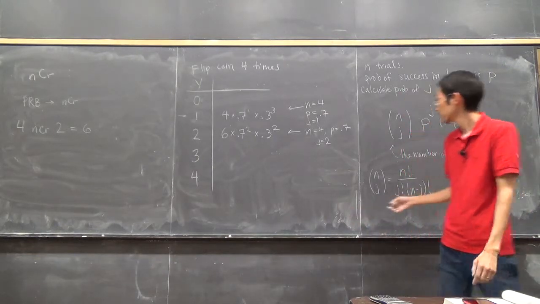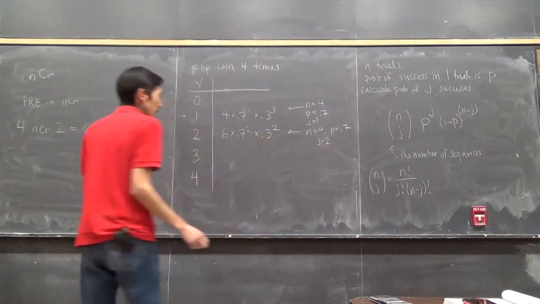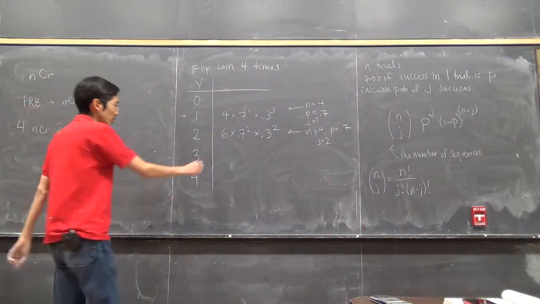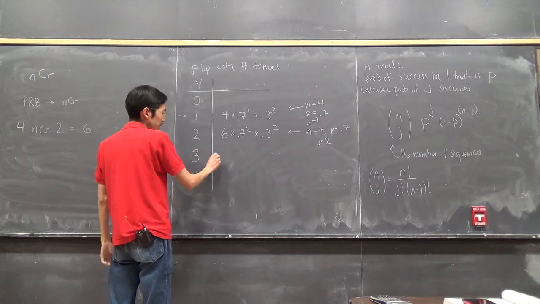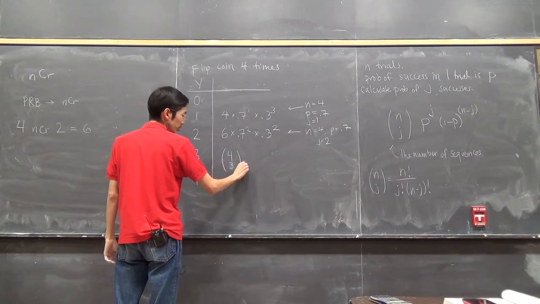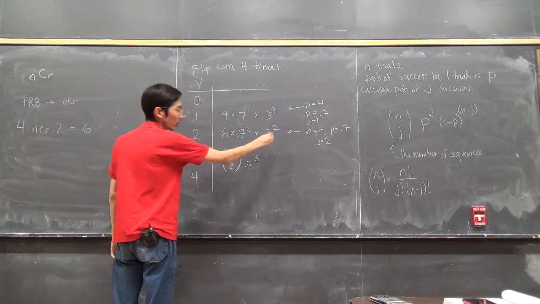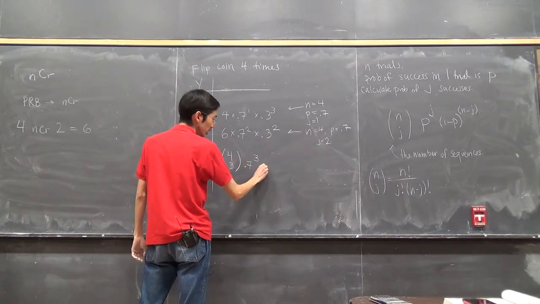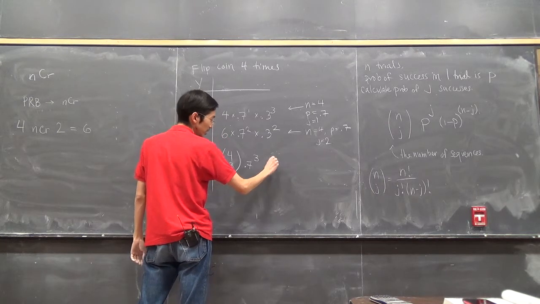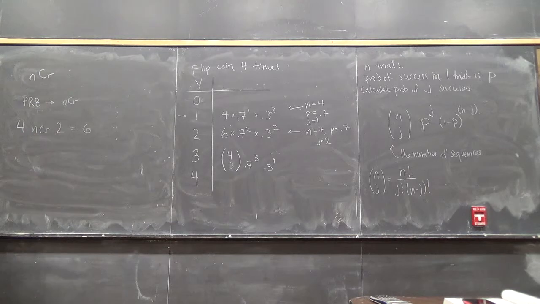All right, and so to answer any of these other things, we would just use this equation. So to get 3 here, the probability of getting 3, this would be 4 choose 3, 0.7 to the 3, and 1 minus 0.7, which is 0.3, to the n minus j, or 1. Is that okay?